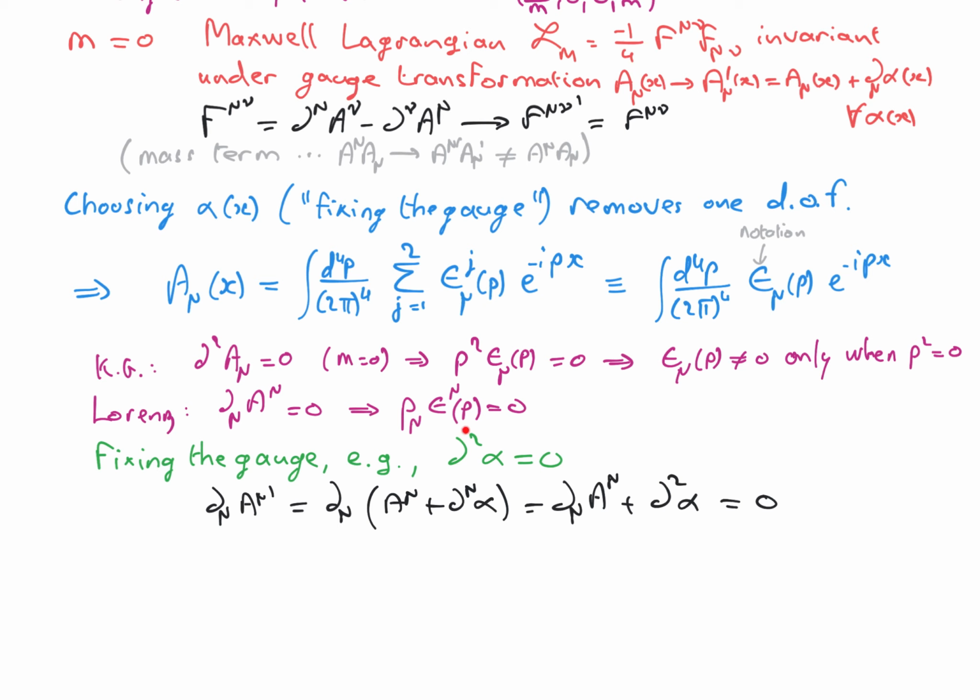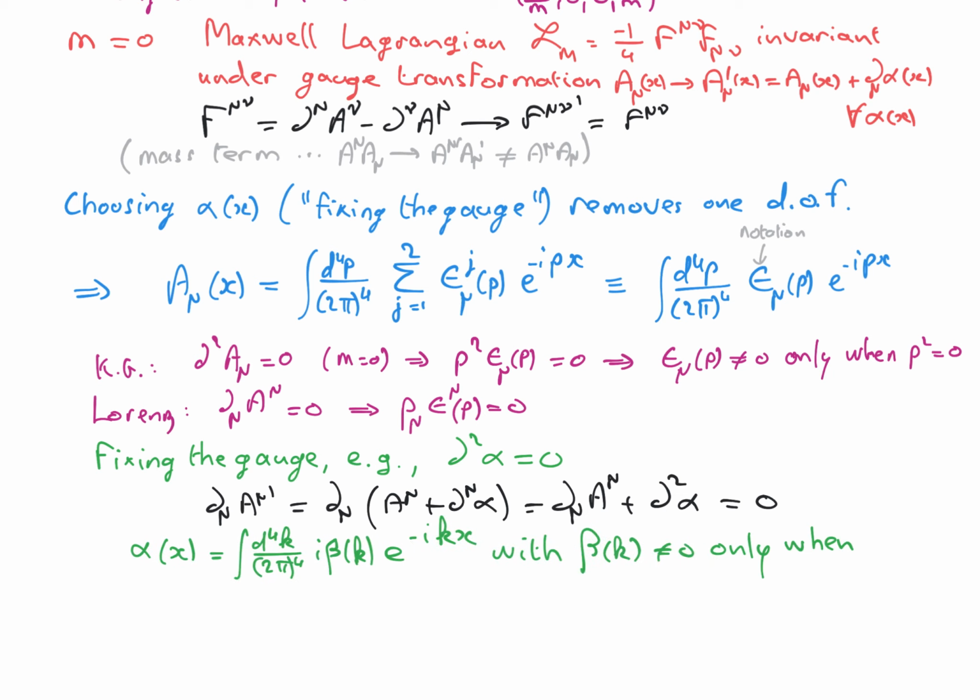So we see that we need to find alpha which obeys this equation, which looks like a Klein-Gordon equation with m equals 0, and we know the kind of solution we then expect. That will be a sum of plane waves with a condition on the 4-momentum so that they are on mass shell and k squared equals 0. We can then use this explicit expression in order to express the gauge transformation of the field.